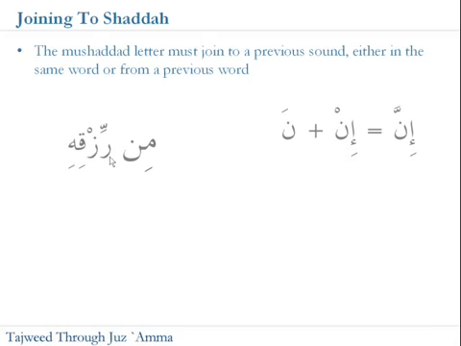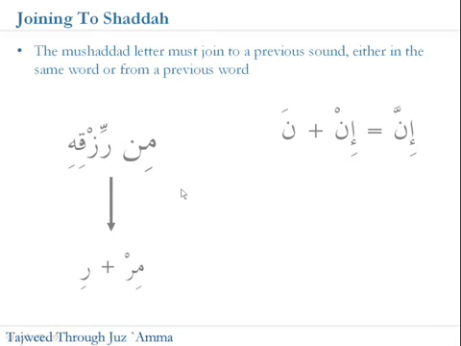So the ra which is sakin must join to a sound before, and the only sound we've got before is the mim with the kasra, because the noon in the min is actually sakin as well. So you join the mi sound directly to the ra which is sakin. So essentially we have the sound of mirri, mirri, and we've got the double up sound. If we hold it for 1.5, it will be mirri.